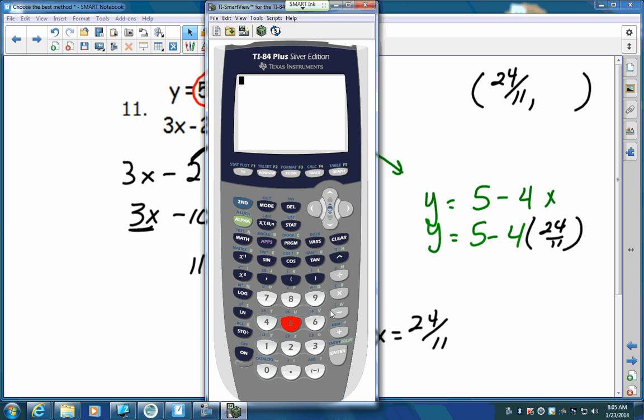So I'm going to put 5 minus 4 parentheses 24 divided by 11. I'm going to press enter. Then you can press math, enter, enter, and it'll make a fraction for you. So it's negative 41 over 11.